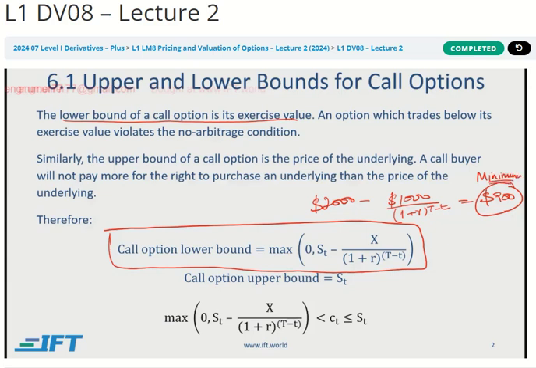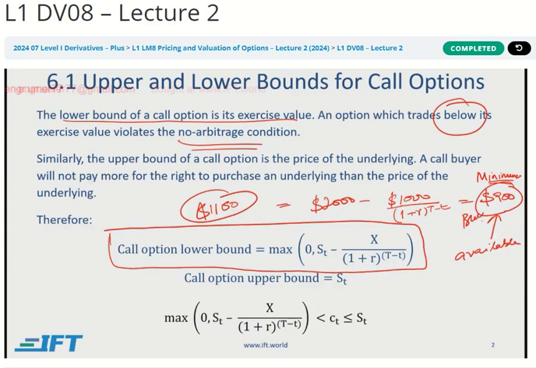And if it is worth less than that, then there is going to be an arbitrage opportunity, because you can buy the option and exercise and get more. So let's say the exercise value is 1,100 and the option is available in the market for 900. Then people will immediately buy it because it's below the minimum.